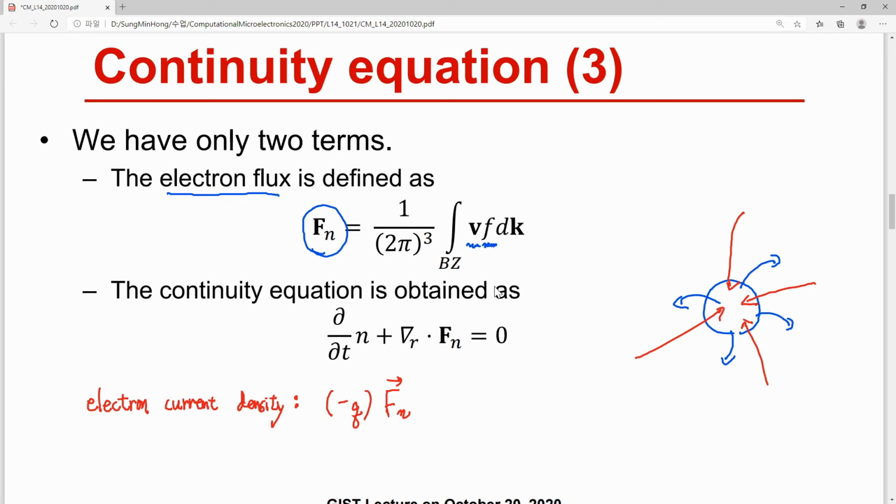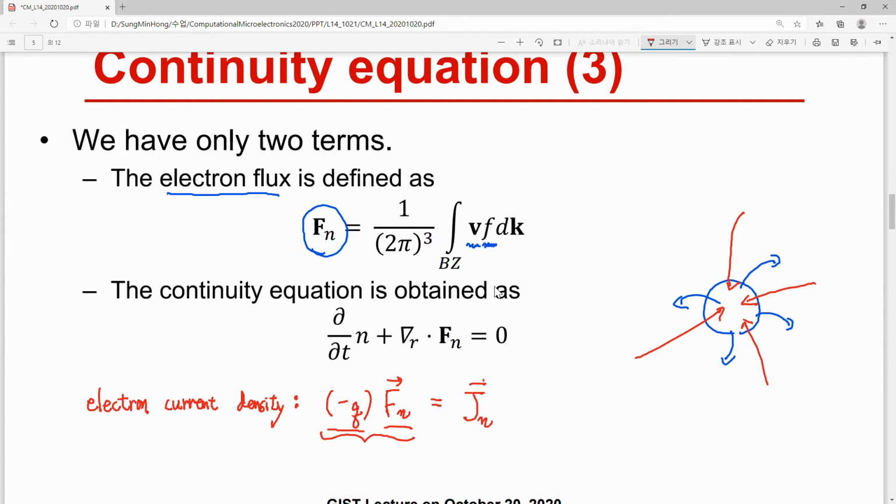Each electron carries minus q, so that can be a proper quantity to be considered in microelectronics. So this quantity, the flux multiplied by the unit charge carried by our electron, is called the electron current density, and typically we write it this way, J sub n.